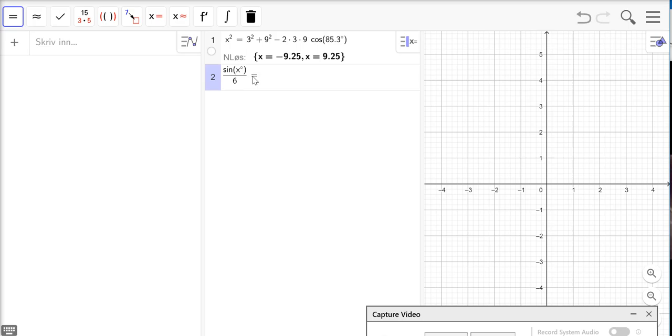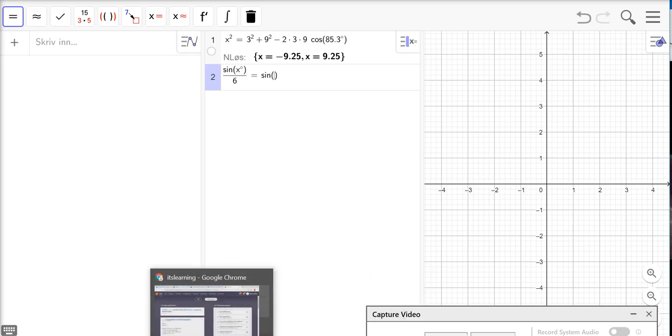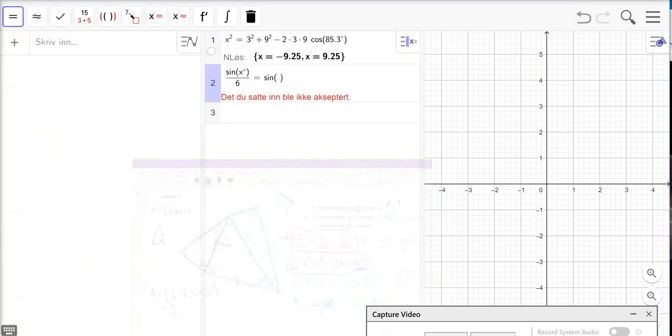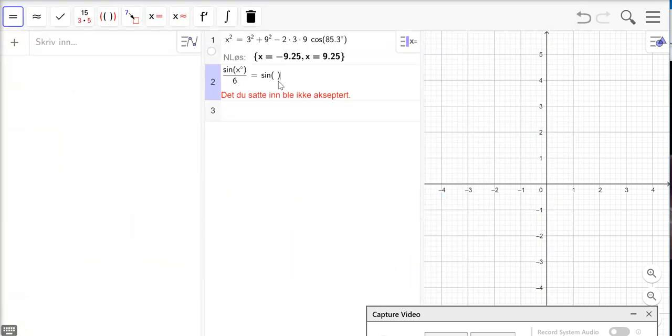Equals sine of another angle, which was, I have a short memory today, there we go, 83.3 degrees, you have to remember degrees, divided by the opposite side, which was 9.25. And then I just press X equals, like this, and I get 40.1 degrees.